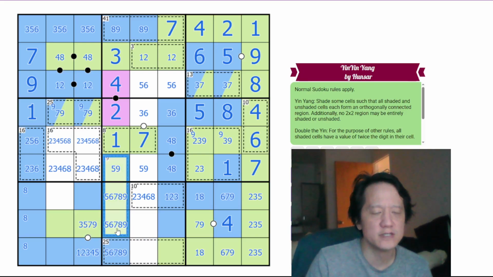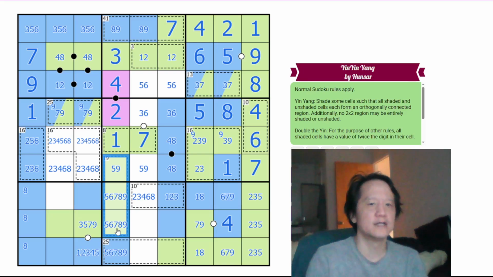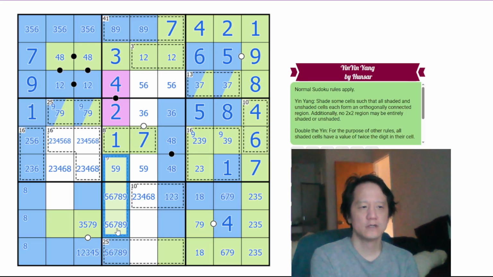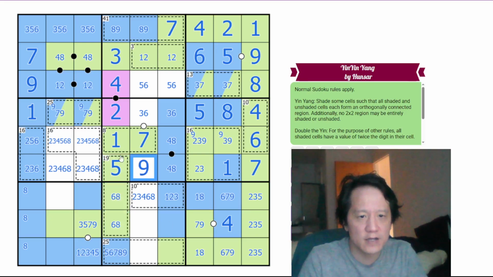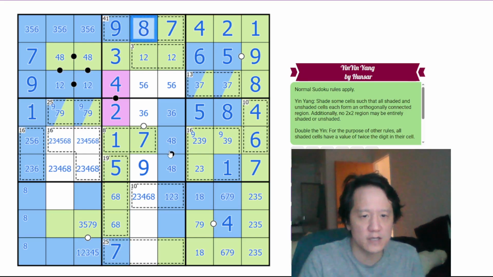This adds up to 19 with 3 non-double digits. So I think it has to be 5, 6, and 8 with the remaining digits that we have. Right? Yeah, 5, 6, and 8. So this is 5, and this has to be a 6, 8 pair. This can't be 5, this is 9. This 6, 8 pair eliminates 6 and 8 in the rest of the column, so this is 9, which makes this 7, which makes this 8.